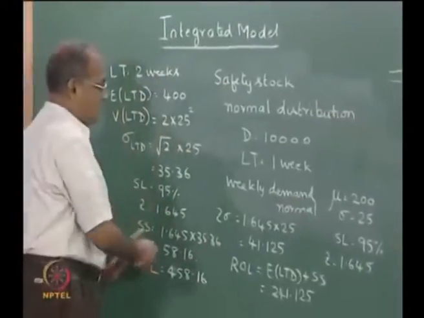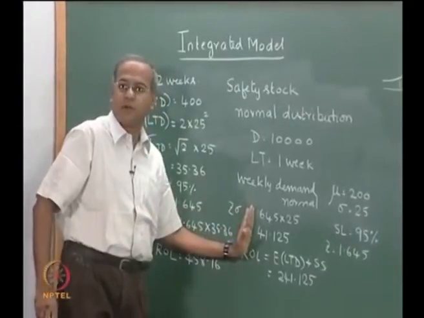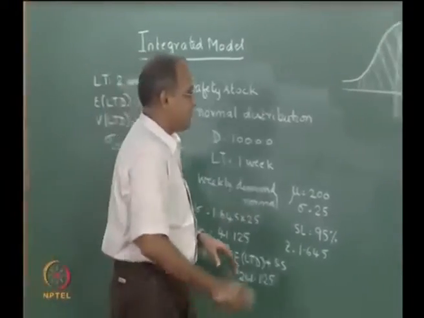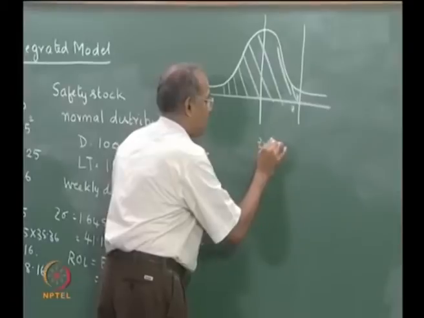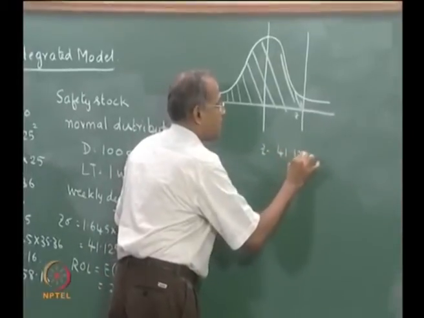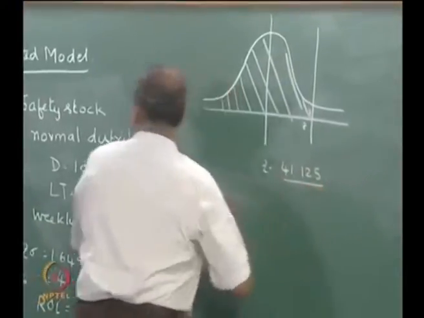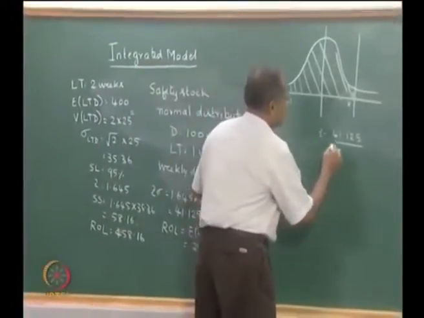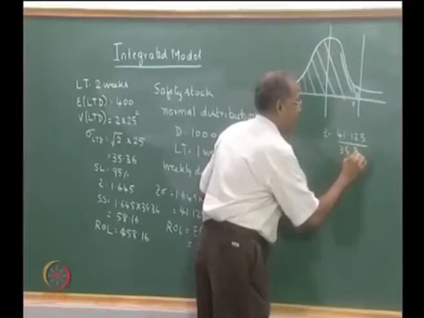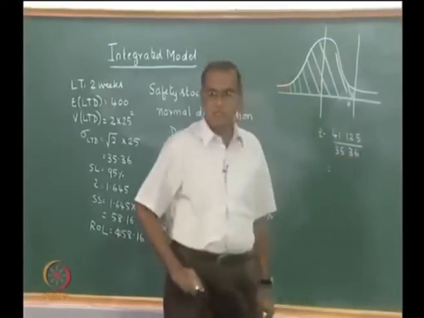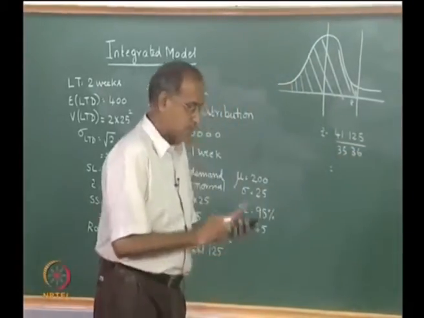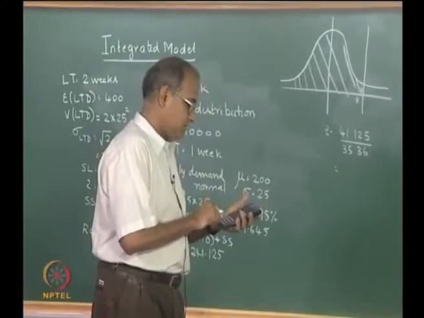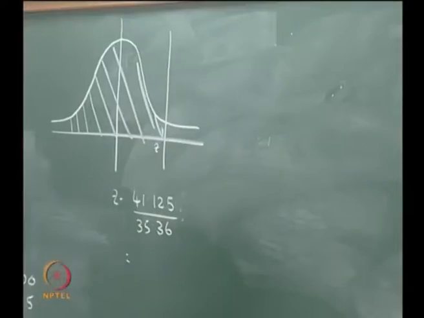If in the 2-week case we had retained it at 41.125, then the corresponding Z would be 41.125 divided by 35.36, which is 1.16.